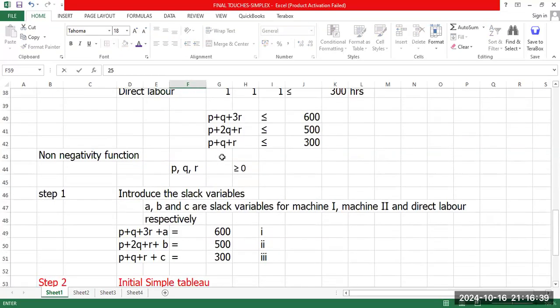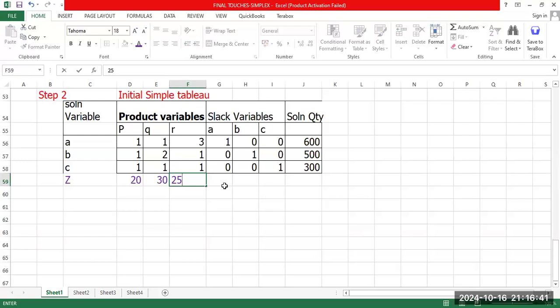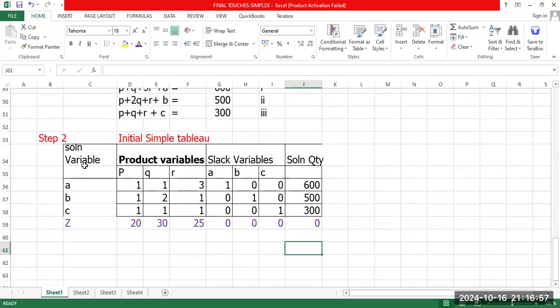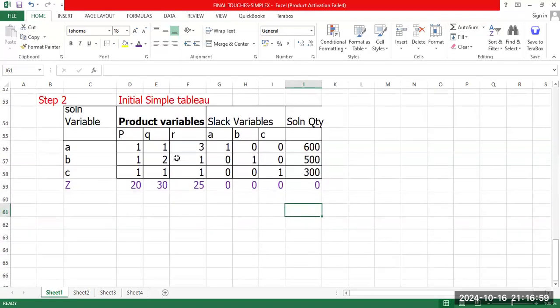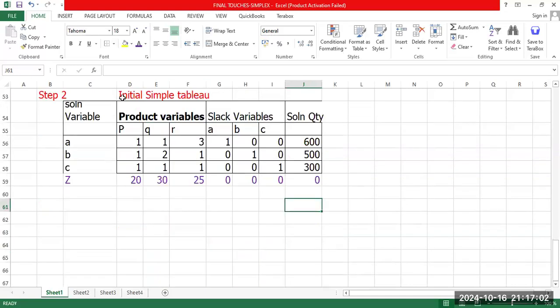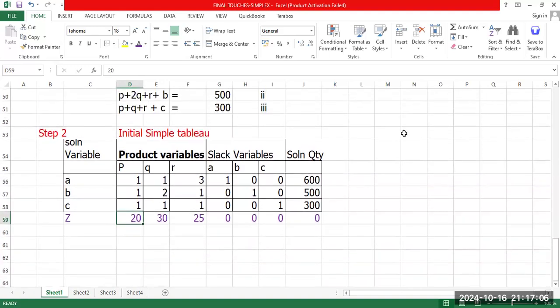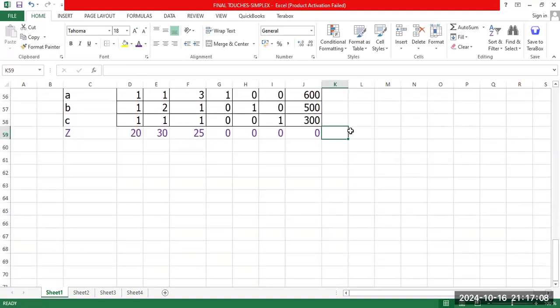You see that in your objective function you don't have A, so you put 0, 0, 0. Even for solution quantity, you don't have any value there. And colleagues, this will be your initial simplex tableau. That's all.